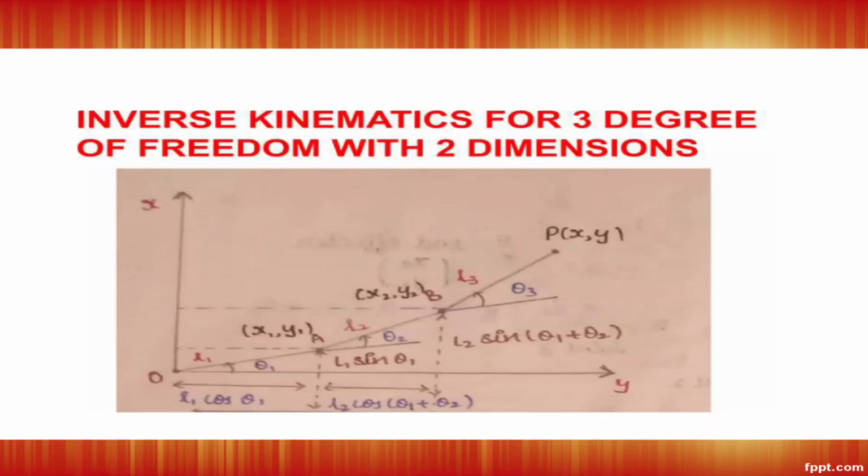From the figure it is clear that for 3 degrees of freedom we have an extra link, that is link 1, link 2 and link 3. Here we consider the angle for link 1 is theta 1, the angle for link 2 is theta 1 plus theta 2, and the angle for link 3 is theta 1 plus theta 2 plus theta 3.